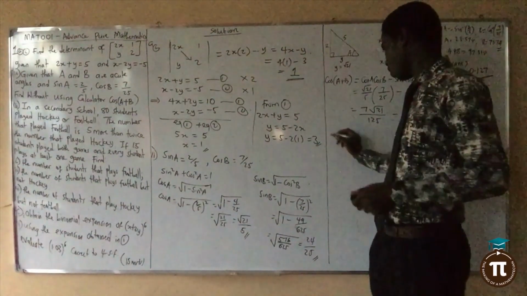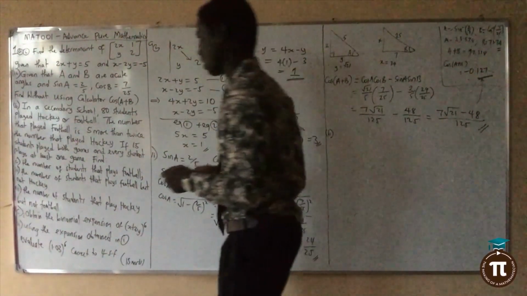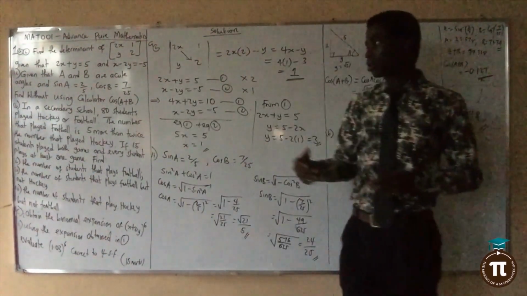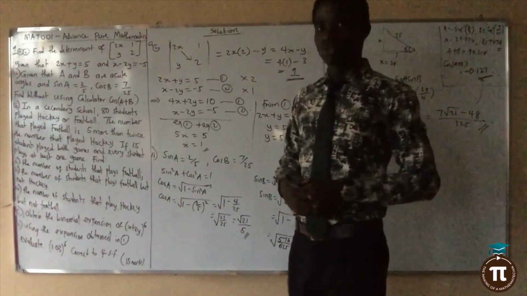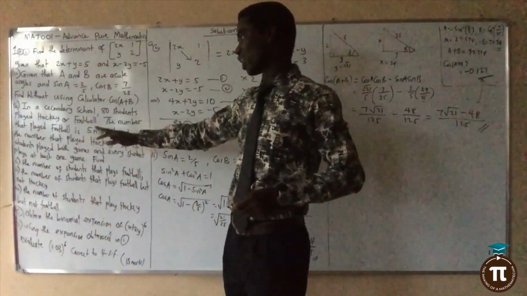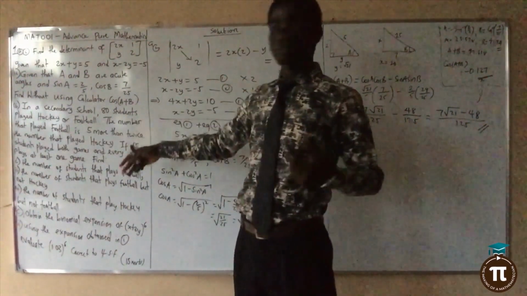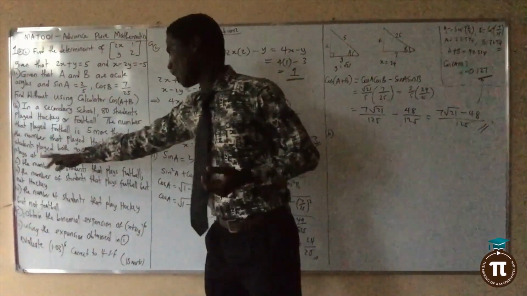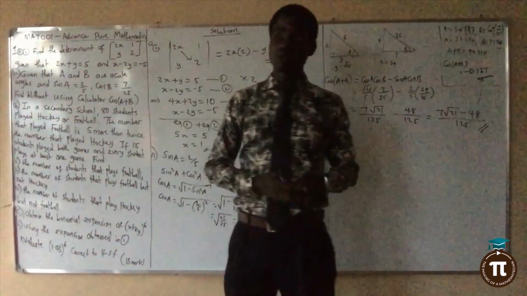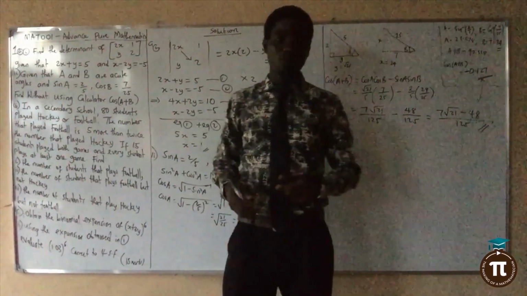Now for the second one, question B. The question says that in a secondary school, 80 students play hockey or football. The number that played football is 5 more than twice the number that played hockey. If 15 students played both games and every student played at least one game, what does that say?